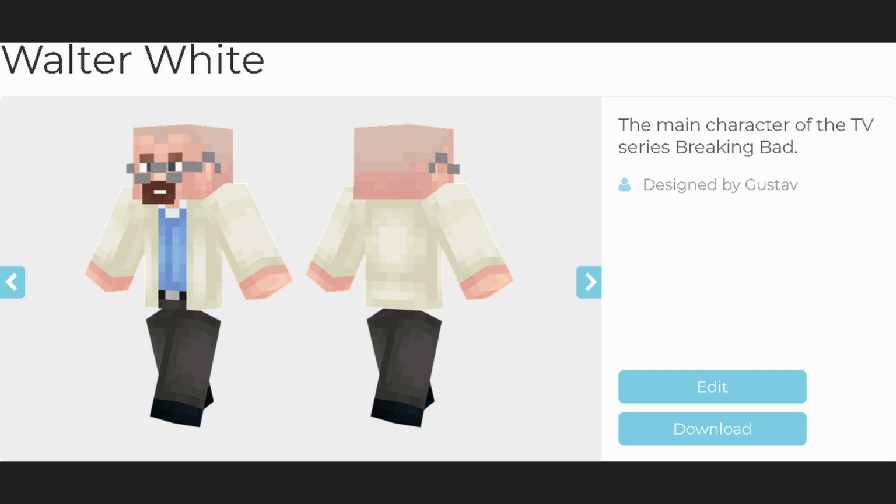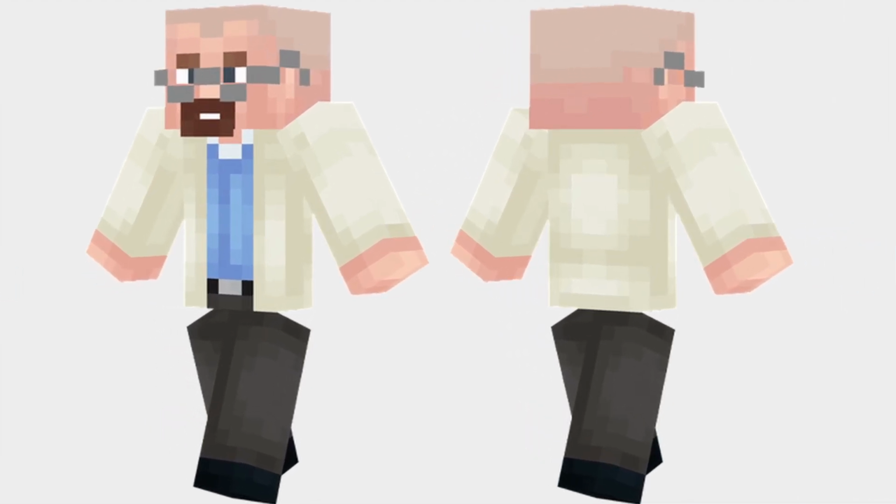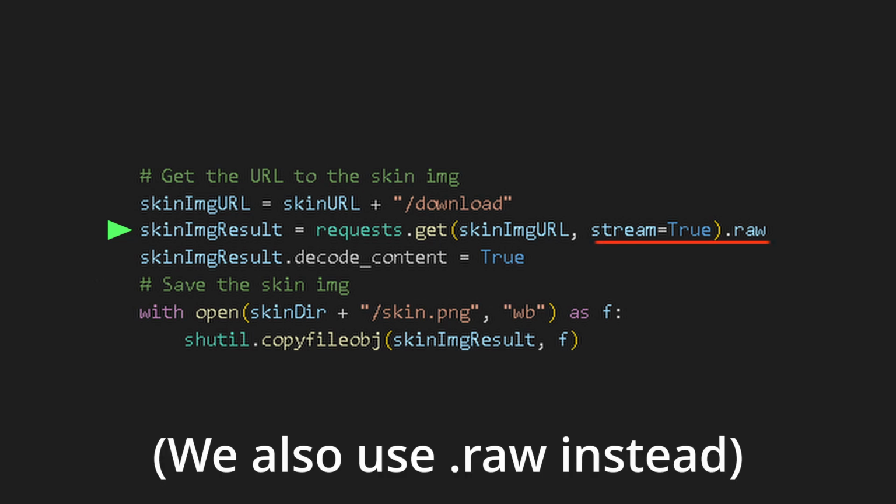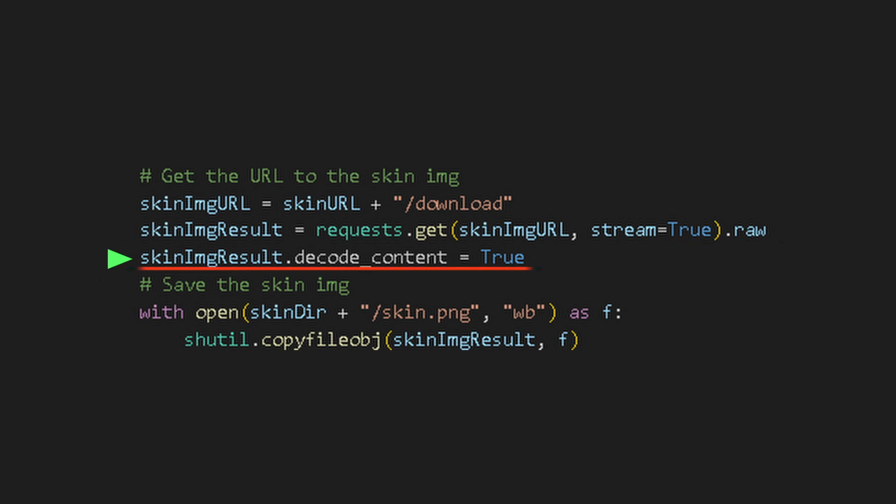However, extracting the skin itself isn't as easy since it isn't text that can simply be queried in the same way due to it being a binary file, in this case a PNG. For that, we do another requests.get query with the download URL, but instead we enable streaming and decode content before we use the shutil library to copy the binary data into a file.